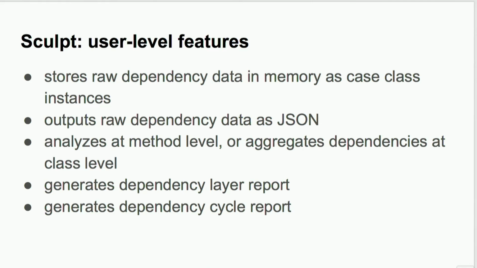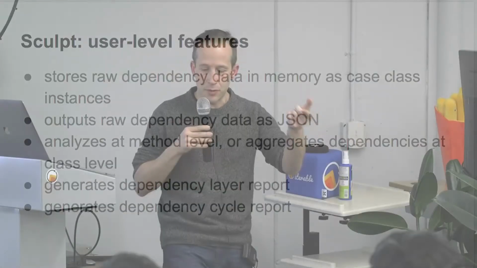So one possible use mode for this is just that you run it in the mode where you request JSON output, and then you do your own analysis of the data that comes out. We do have some fairly simple analysis that the tool can do itself. I should have said you can get the raw data at the method level, or you can ask for it to be aggregated at the class level.